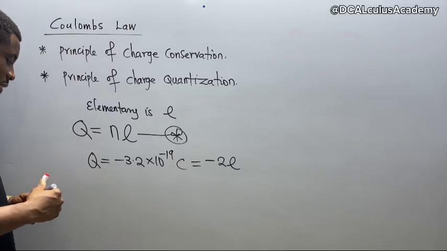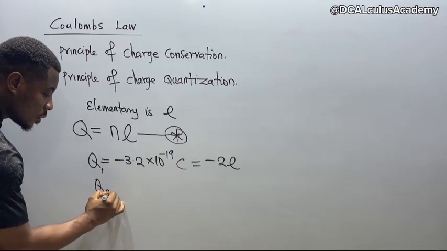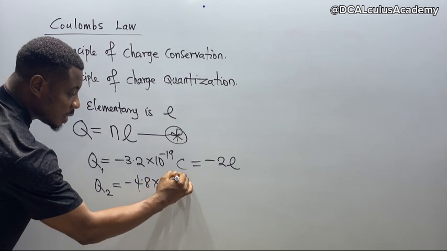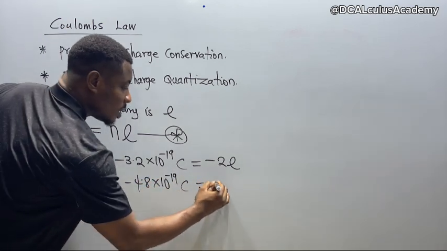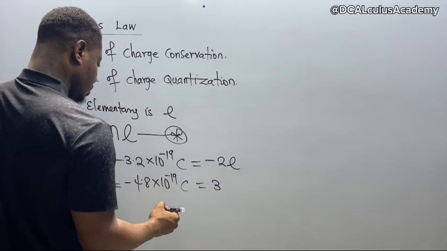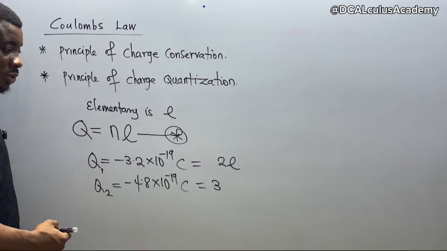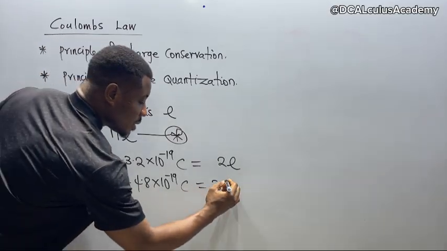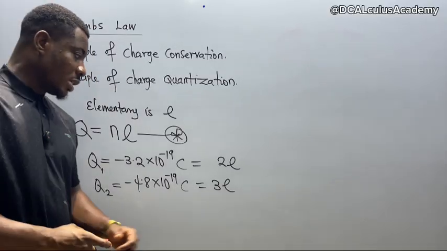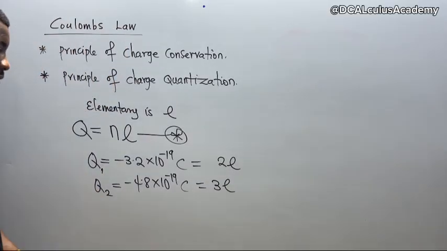Another instance, let's say we have Q as minus 4.8 times 10 raised to power minus 19. This can be written as 3e, which means 3 times the charge of an electron.